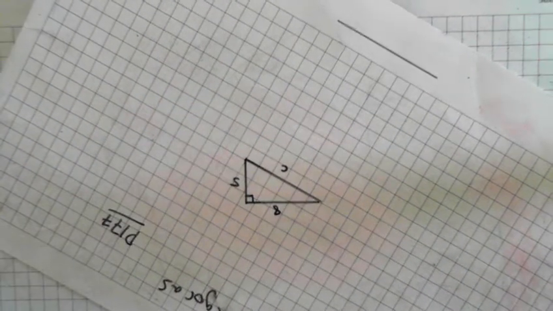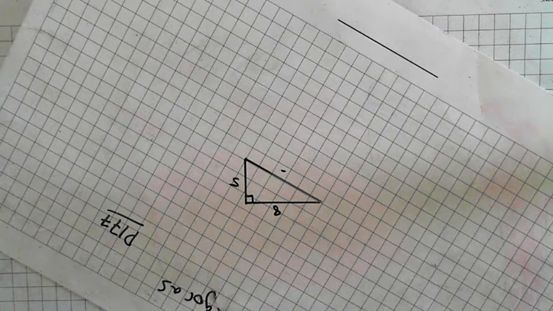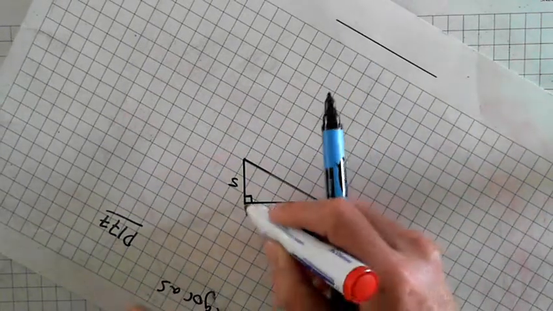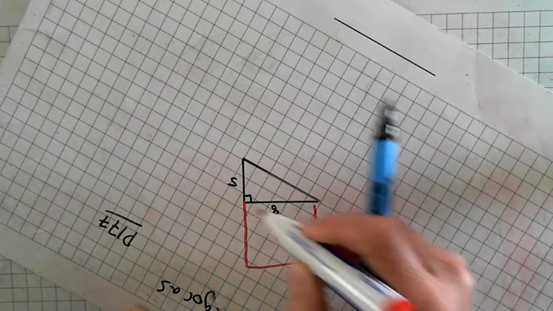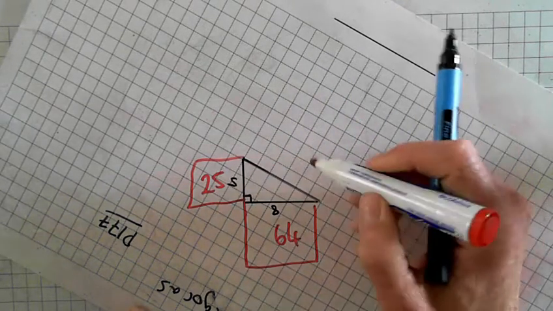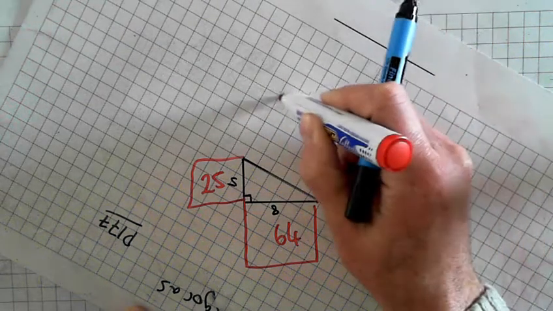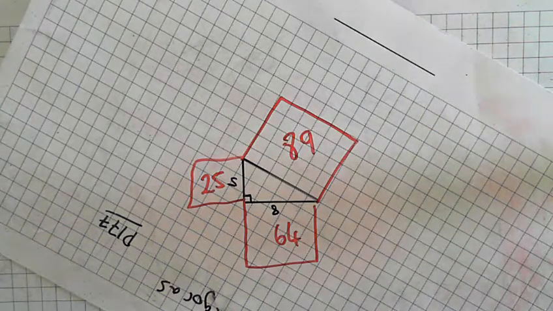Yeah. So, 5 fives are 25. So 8 eights are 64, 5 fives, 25. Add them together: 89. And now you get your calculator.